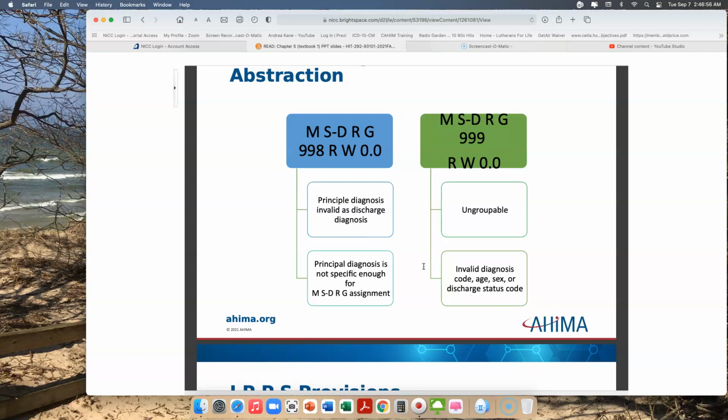That screams bad documentation. That screams lack of documentation. Just not a good situation. MSDRG 999 means ungroupable. That means there's something invalid going on in terms of diagnosis code, age, sex, or discharge status code. And again, both of those need very close scrutiny by an experienced coder or a coding supervisor.